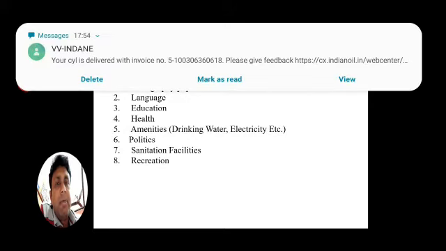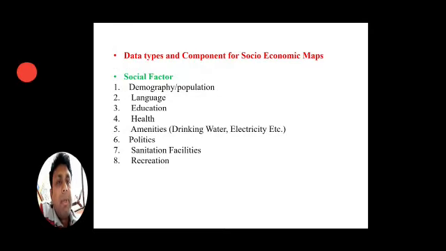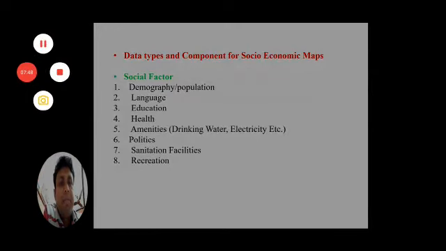In sanitation we have many parts: solid waste management, latrine facilities, drainage and sewerage system, etc. These are the social factors. Recreational facilities: many recreational facilities like parks, playgrounds, cinema halls. These we can all represent by a map. These are the social components.